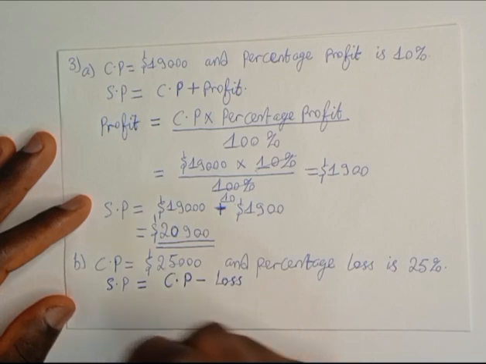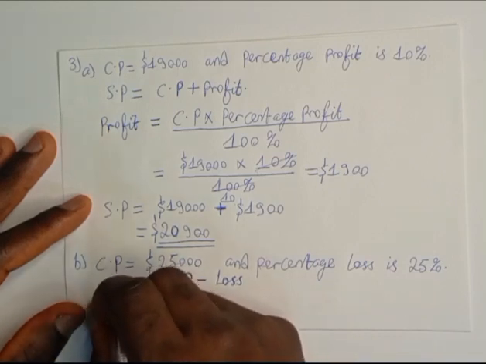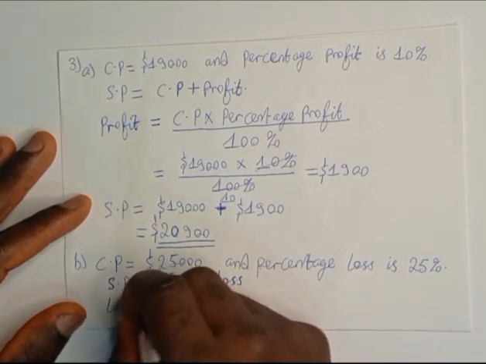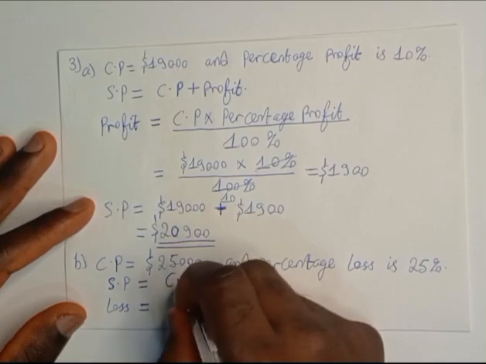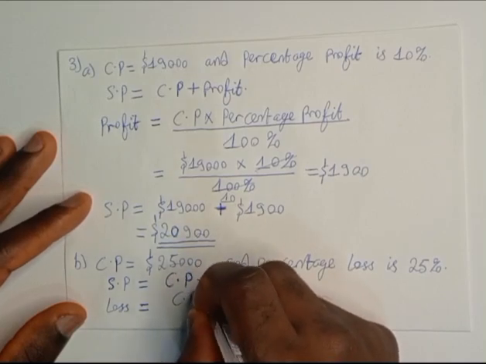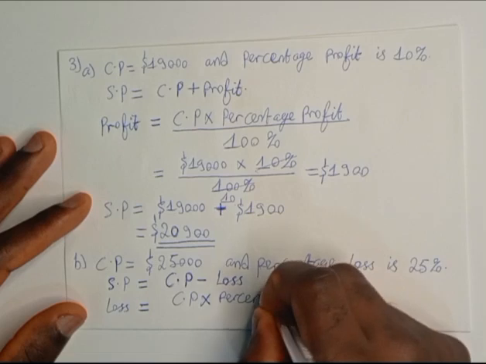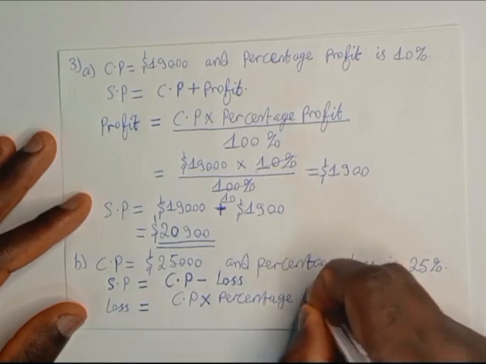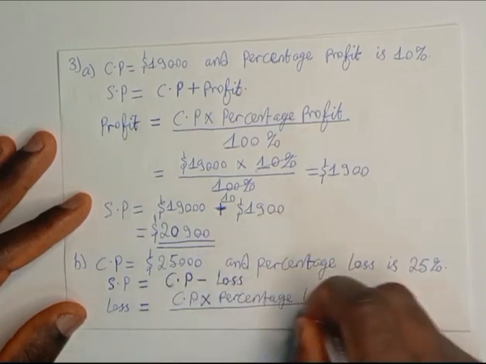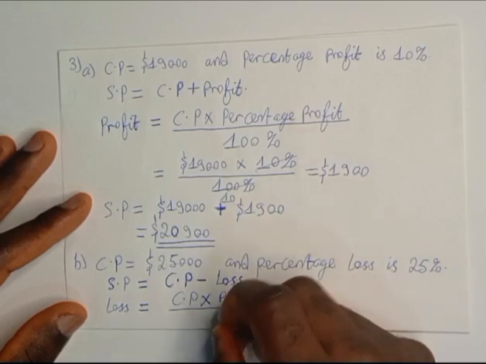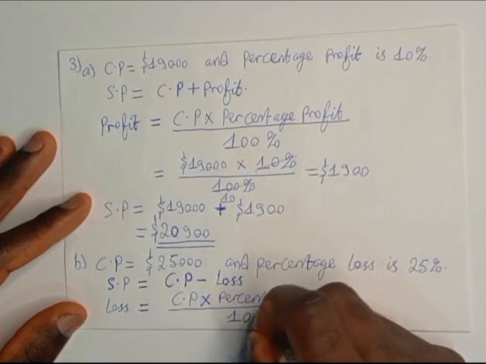Next, we have to find the loss. The loss simply equal to the cost price times the percentage loss that we divide by 100%.